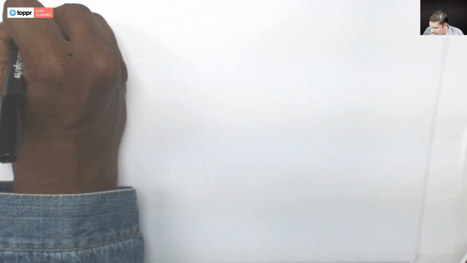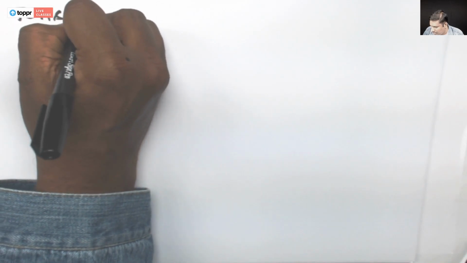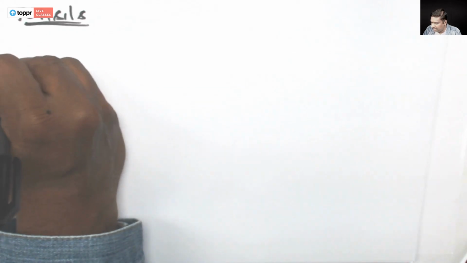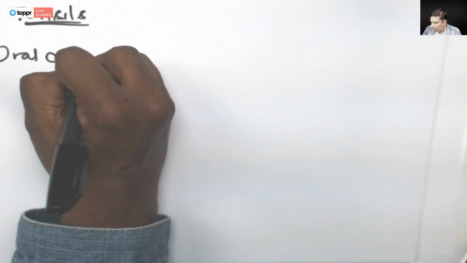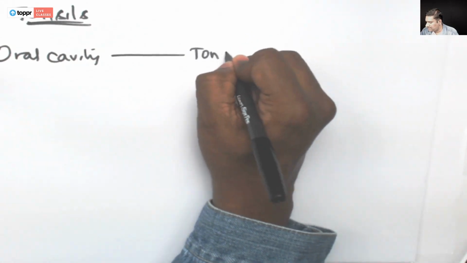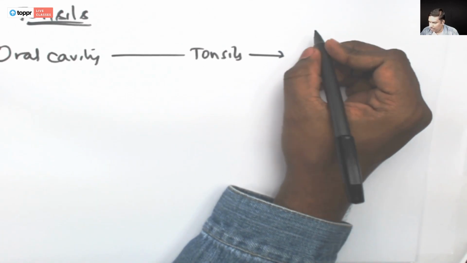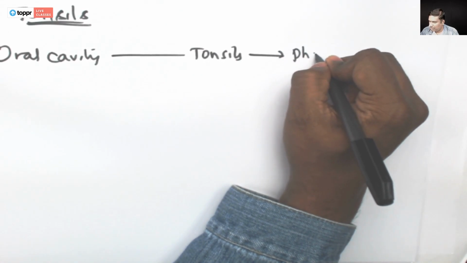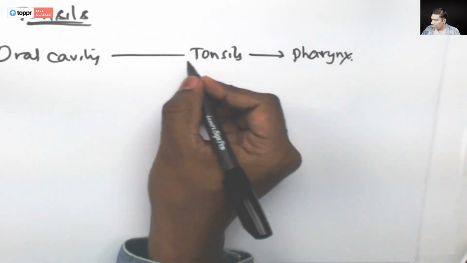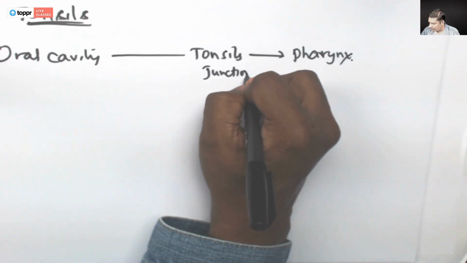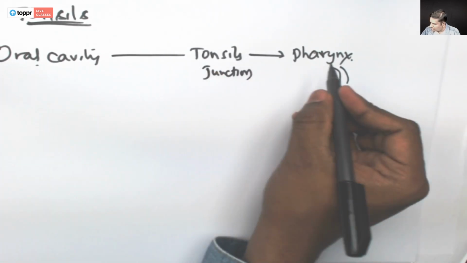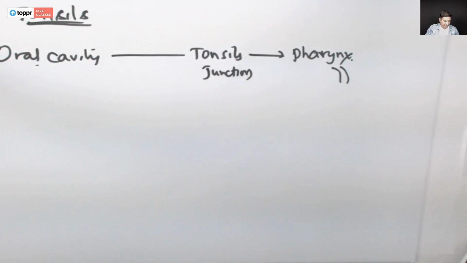One other aspect that we have to remember about the pharynx is your tonsils. These tonsils are present at the junction between the oral cavity and the pharynx, where your pharynx will start to go down.